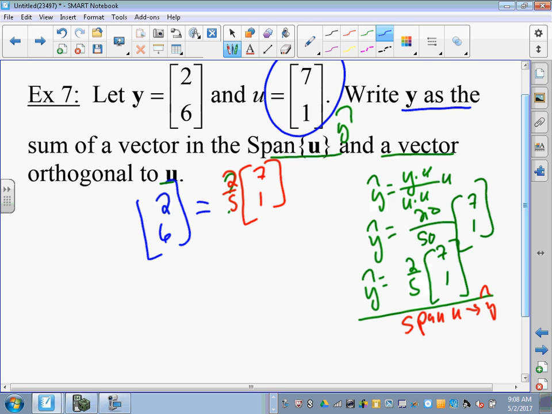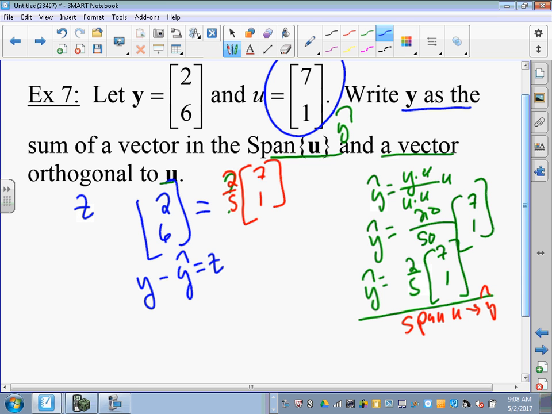You said it, Daniel? Z. So how do we find z? Y minus y hat. Okay, so we have y hat. So what is y minus y hat?